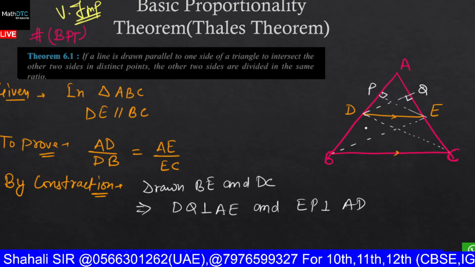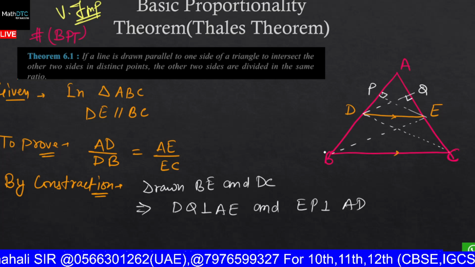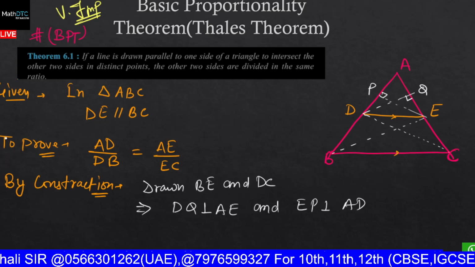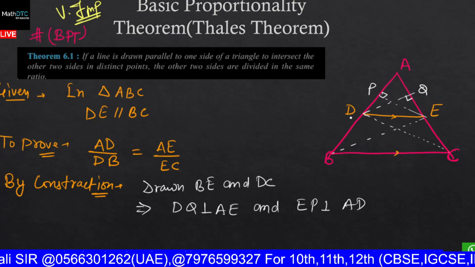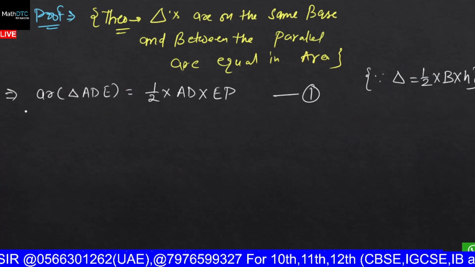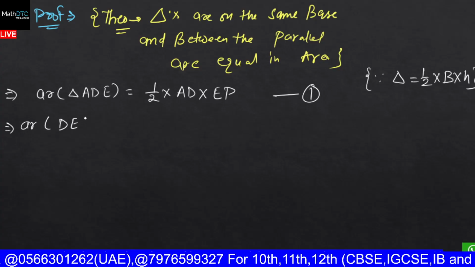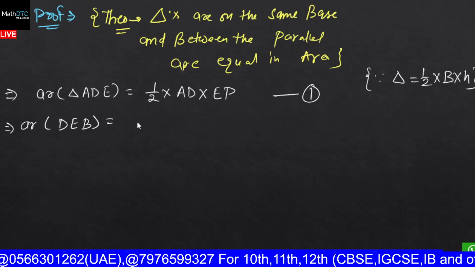Now come to the next. Check the triangle DBE. Can you observe the triangle DBE? Or I can say DEB is better. I can say the area of triangle DEB.